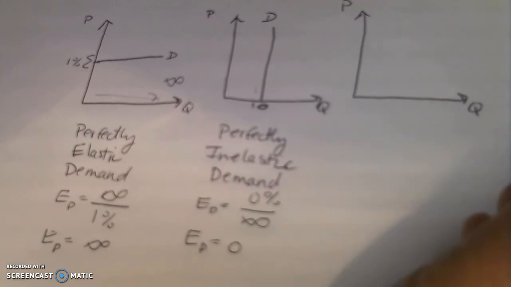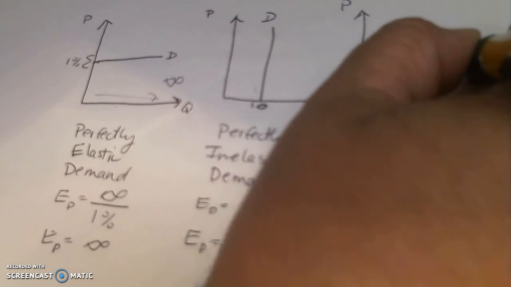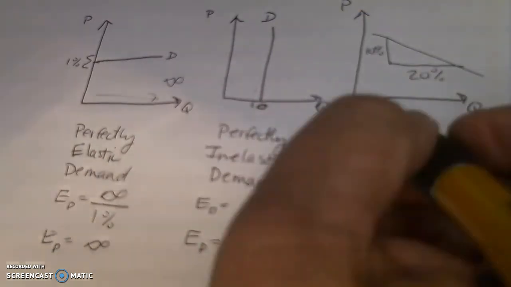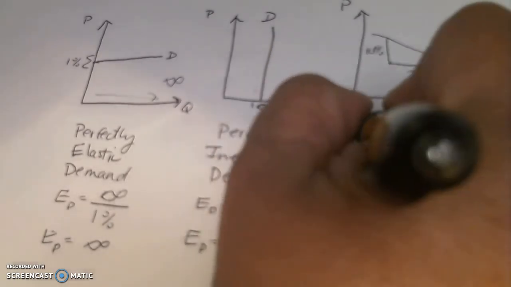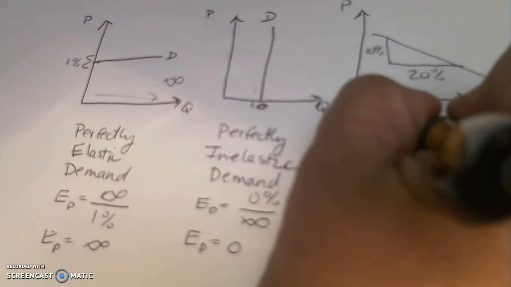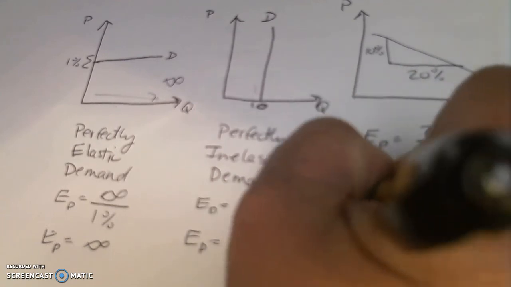Now the last is going to be what we've been measuring all day long, and it's somewhere in the middle, right? So if we look, we would measure a percentage change in price, let's just say it's 10% here, to a percentage change in quantity demanded, let's say that's 20%. Then the elasticity of demand equals percentage change in quantity demanded, which is 20, over 10, which would give us 2, and that would be elastic.